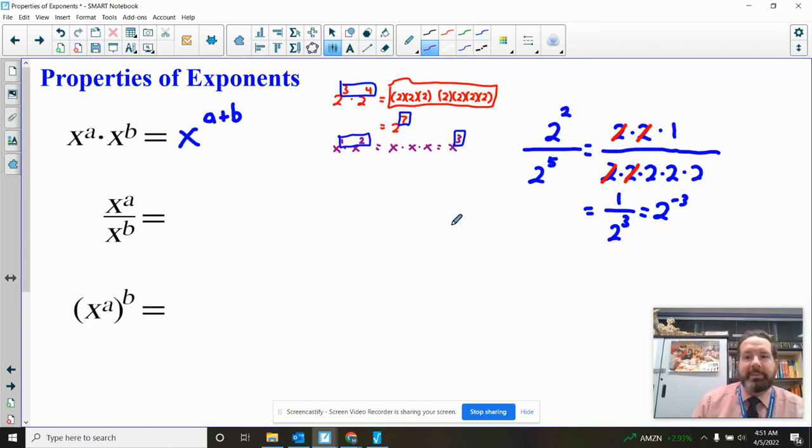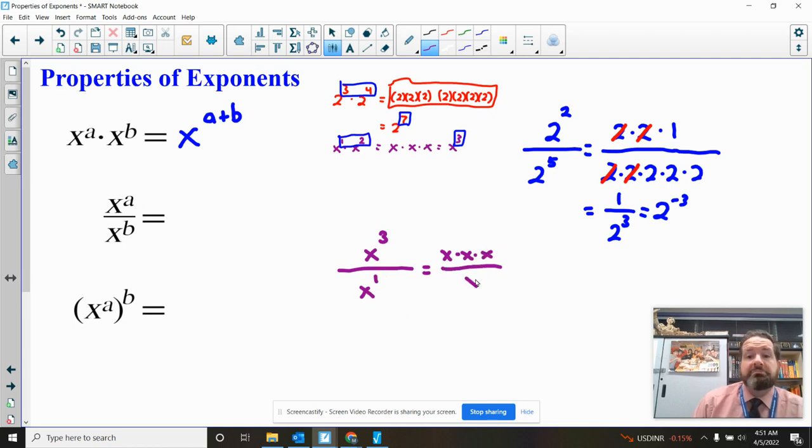Let's do another example, this time with a variable. Let's use x again. What if we start with, say, x to the third over x to the, let's say, first. Let's use 3 and 1 again. What we are going to have then is x to the third is x times an x times an x.